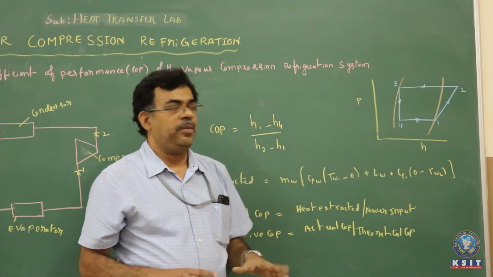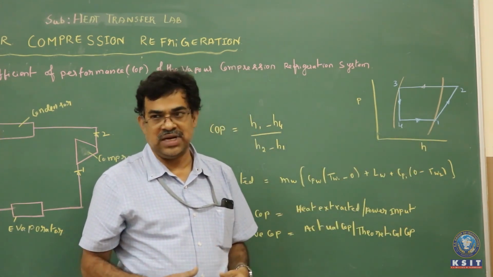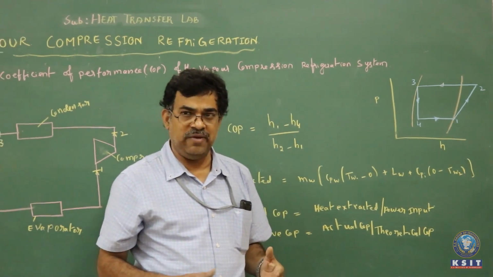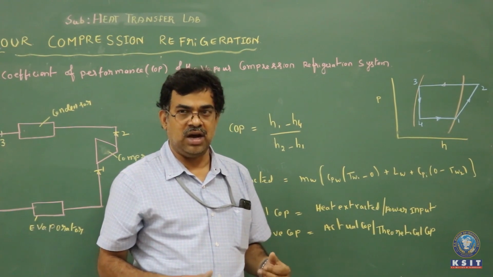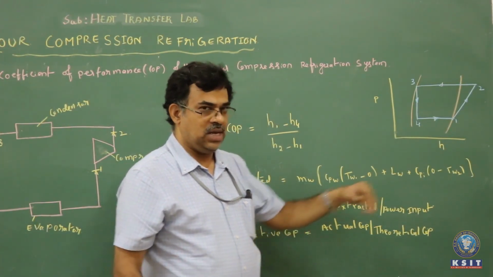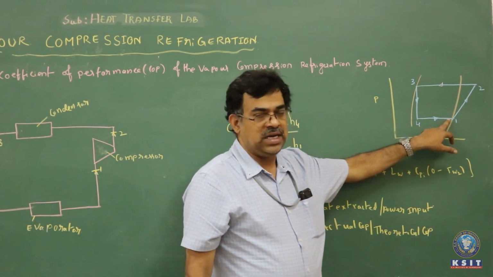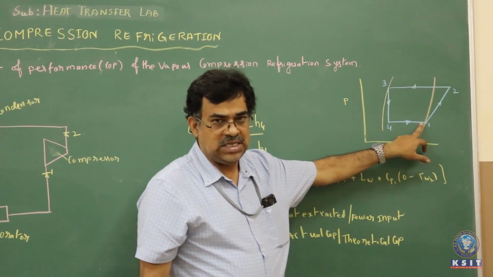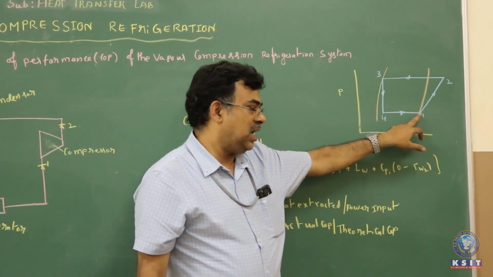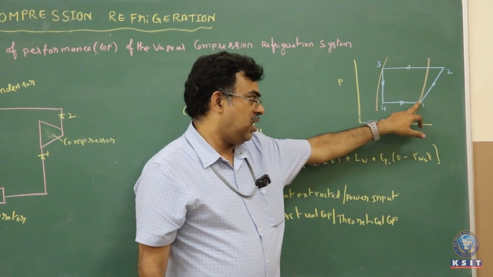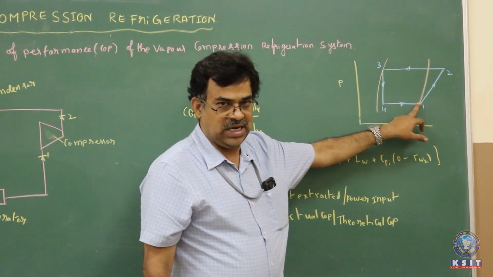We make the assumption that the refrigerant enters the compressor in a dry saturated state. You take point 1 on the dry saturated line.